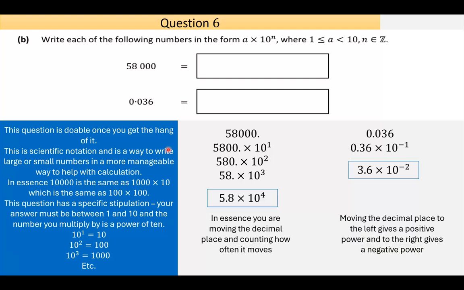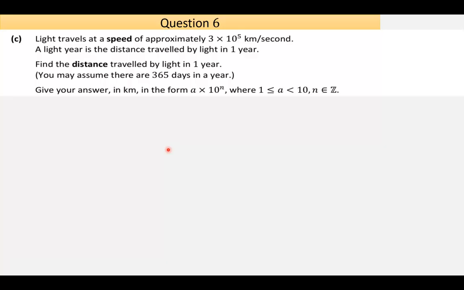Now, part C says light travels at a speed of approximately 3 by 10 to the 5 kilometers per second. A light year is the distance traveled by light in 1 year. Find the distance traveled by light in 1 year, and you may assume there are 365 days in a year, just trying to counteract those who might question, is it a leap year or there's 366 days?